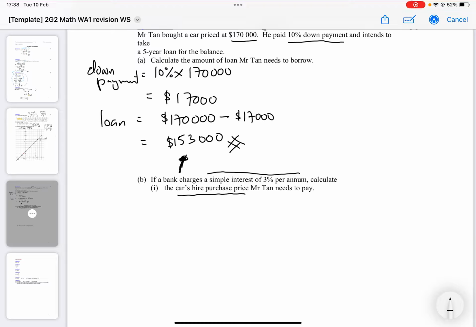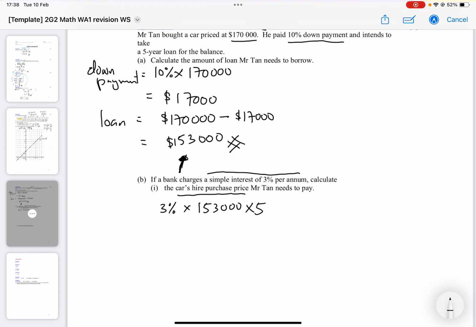Your simple interest is 3% per annum, so 3% of the amount he borrowed, 3% of 153,000. This is the amount of interest per annum. But I borrow for 5 years, so I need to multiply by 5 also.